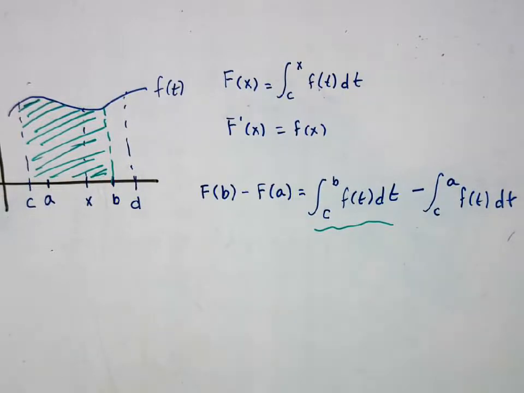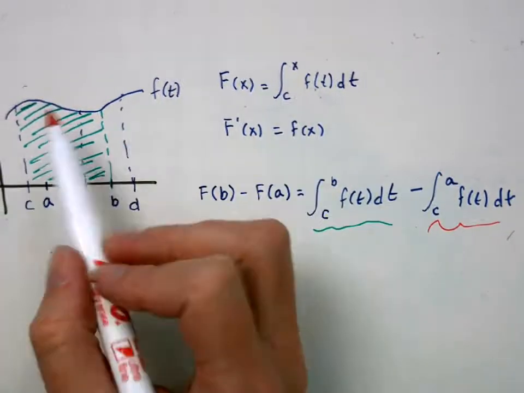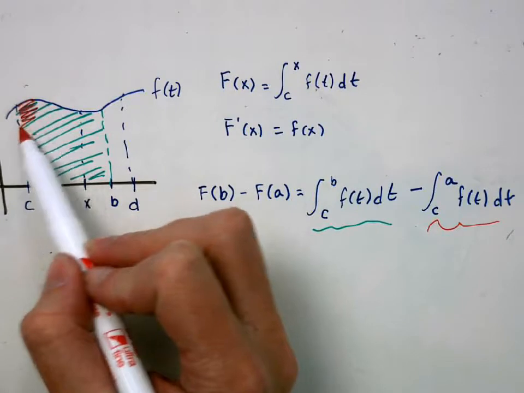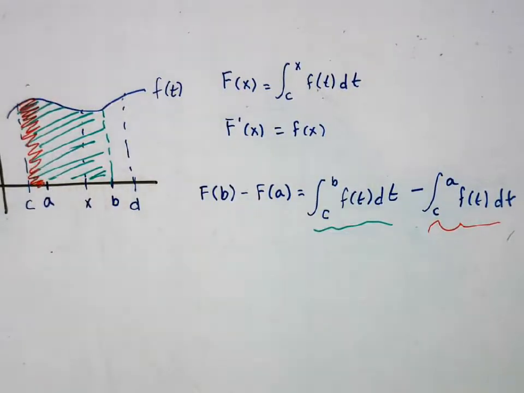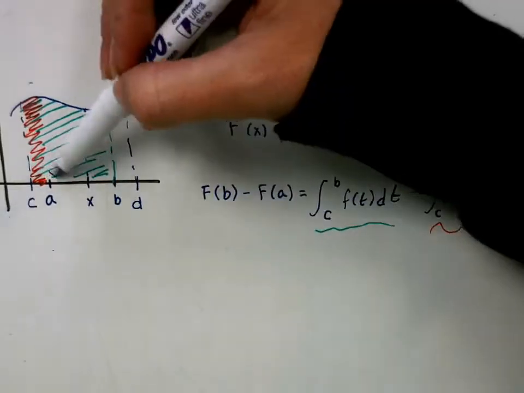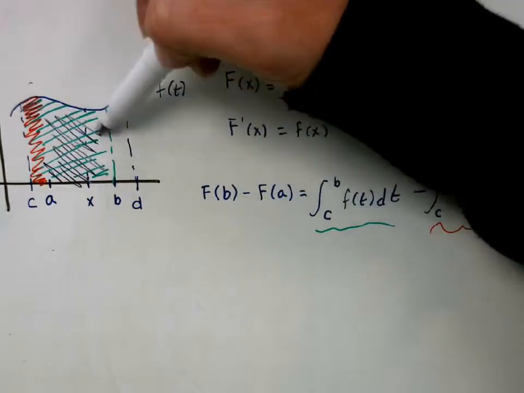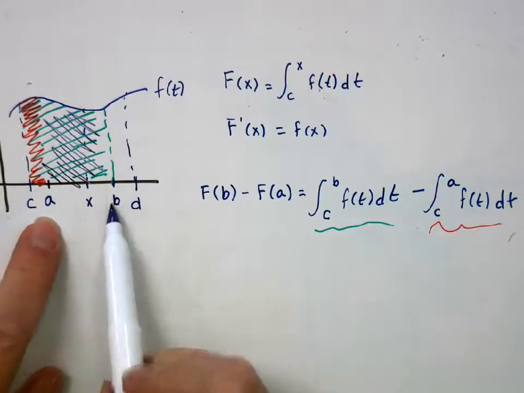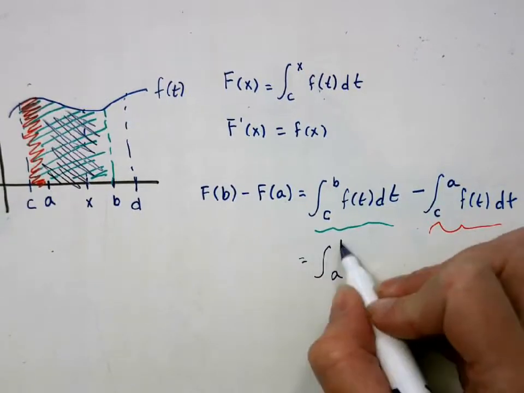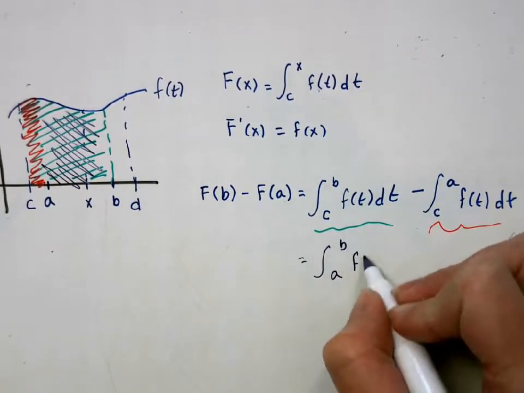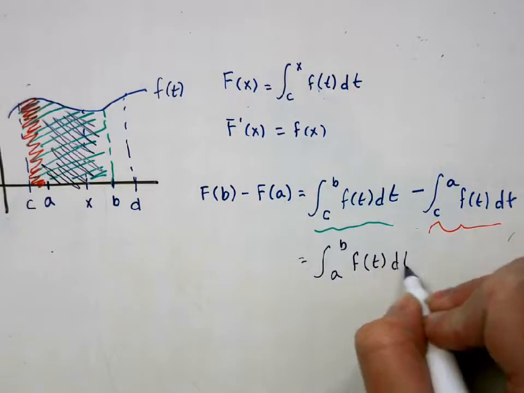So graphically, that is this distance here. Well, if I take the green area and I subtract the red area, what we have is this, which, if you'll notice, is going to be the integral from a to b of f of t dt.